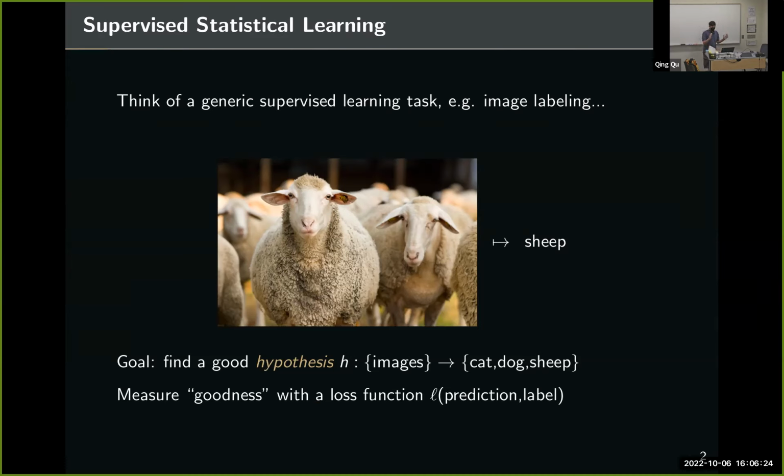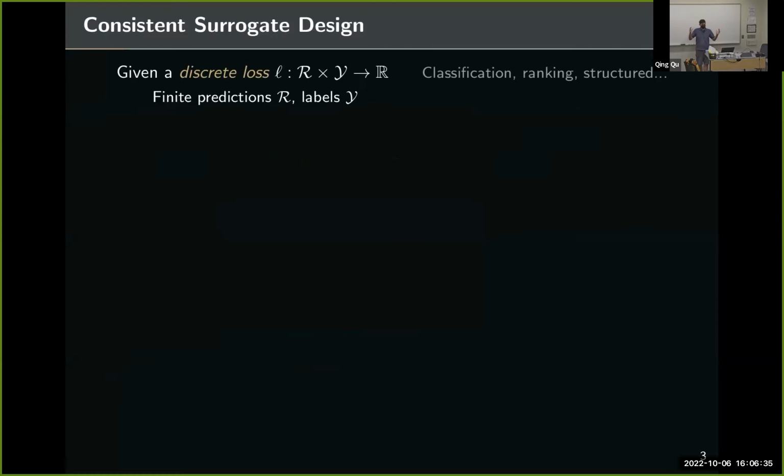Hopefully that was helpful; I added this slide because I thought my original introduction was too abstract. Now I'm going to transition to this: suppose you're given a generic learning problem in the form of a discrete loss. I say discrete because for the talk, I'll assume that the problem you want to solve has a finite number of predictions and a finite set of labels.